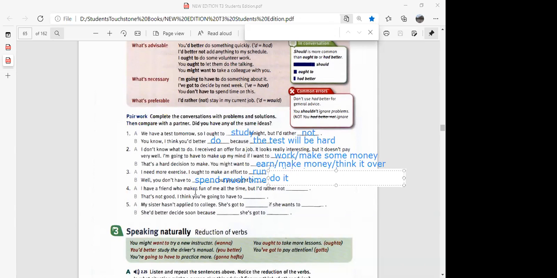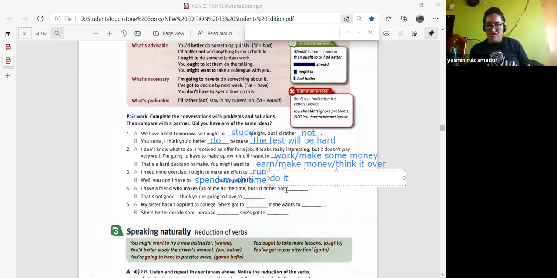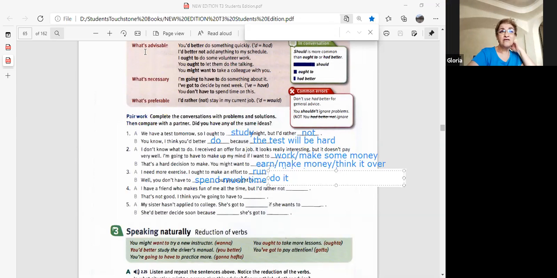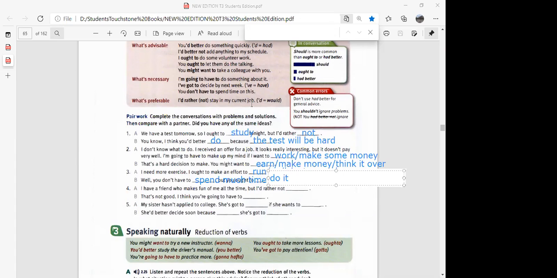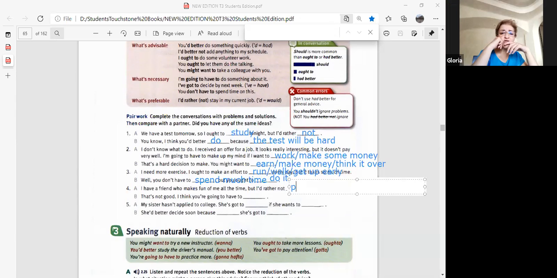Tengo un amigo que se burla de mí todo el tiempo, pero sería mejor que no. ¿Qué se imaginan que sigue? To ignore, to hear. No, listen. I'd rather not. Sería mejor que no. Pay attention, no, listen, no escuchen.